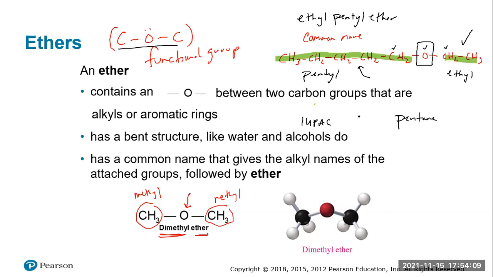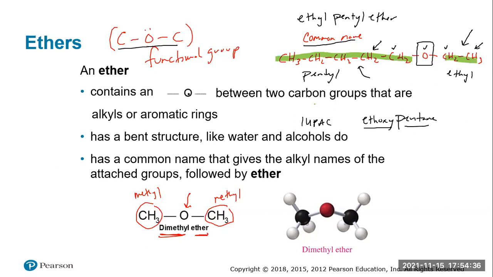The smaller group gets oxy at the end of it, so instead of ethane, it would be ethoxypentane. Ethoxy for the smaller group, pentane for the larger group, is the more IUPAC way of naming this. But we'll stick with the common name as the way that we go about naming ethers.